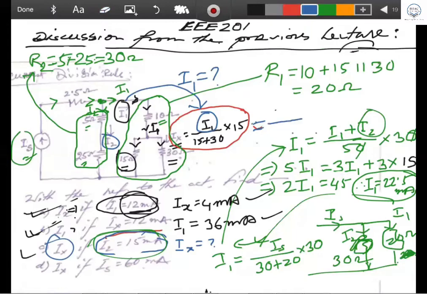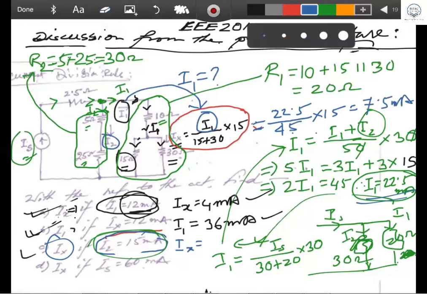If you put 22.5 milliamps divided by 45 into 15, the previous formula, you are going to get 7.5 milliamps. So your Ix here is 7.5 milliamps. This is the way you can find the solution for question C.